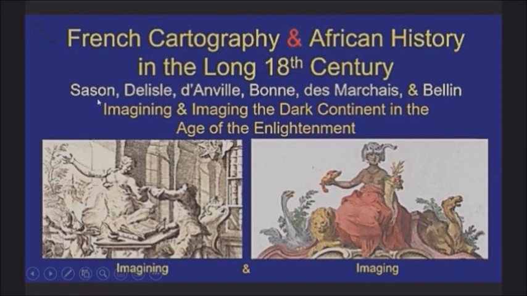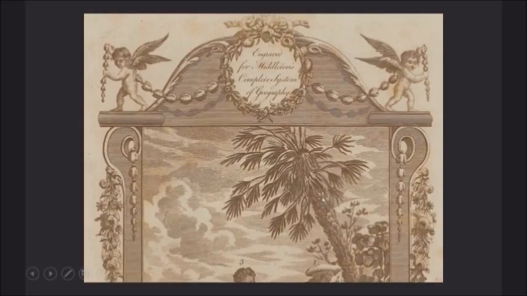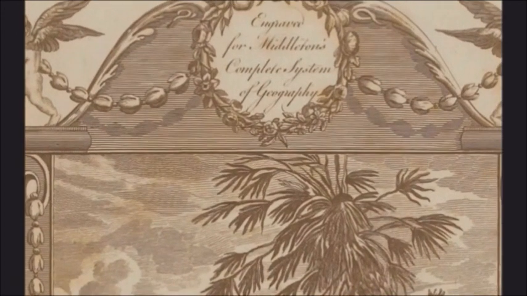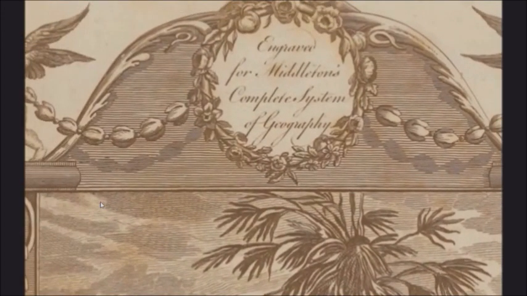A whole series of very famous cartographers are influential in imagining and then imaging Africa in the 18th century. By the late 18th century, this gets translated into geographies. You can actually see these things up close and examine, for example, something that was engraved for Middleton's complete system of geography.